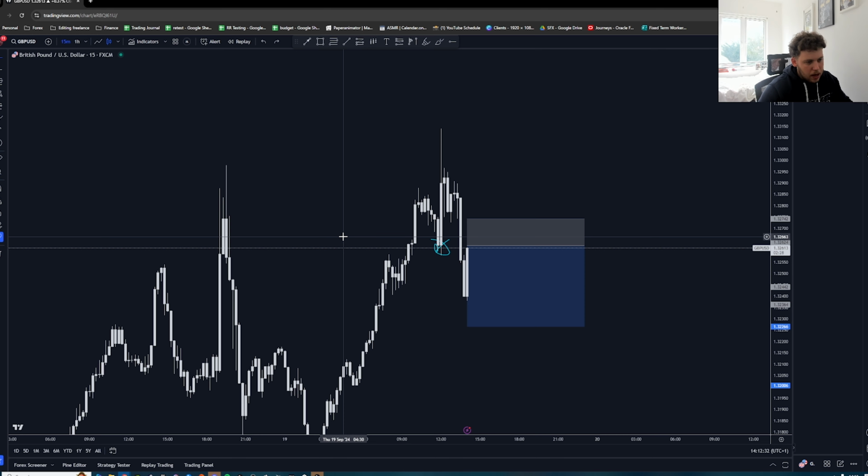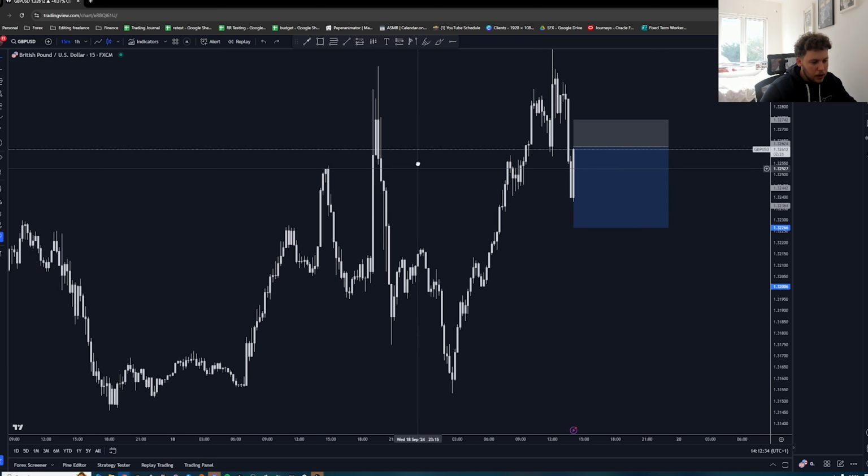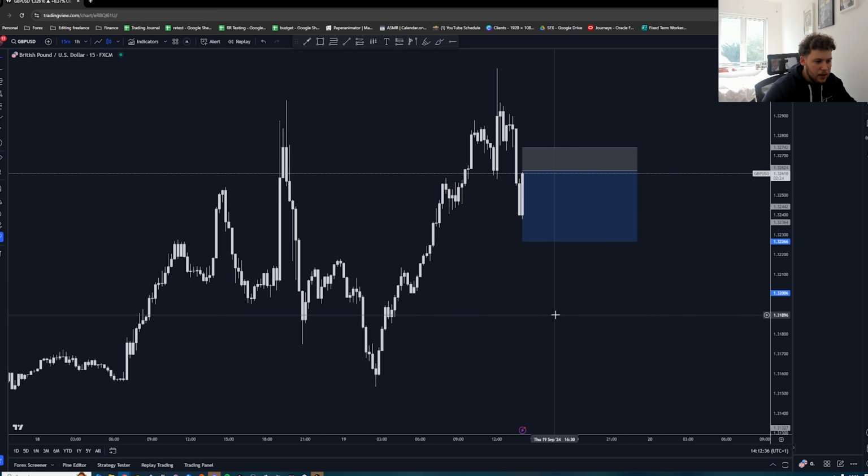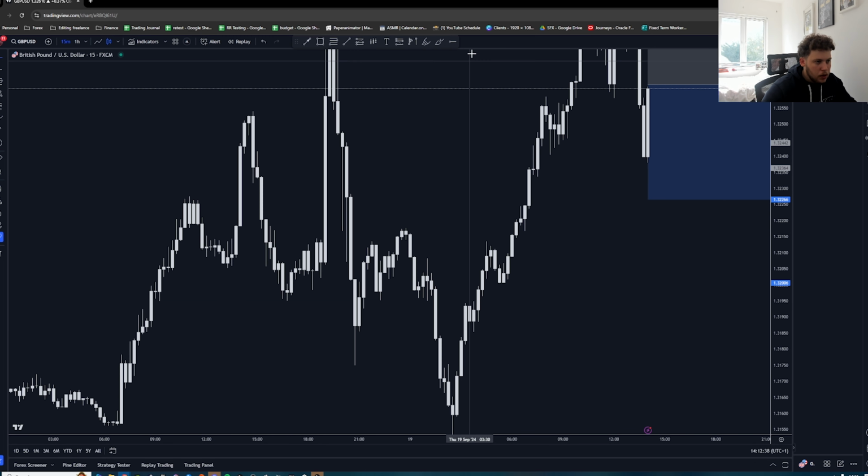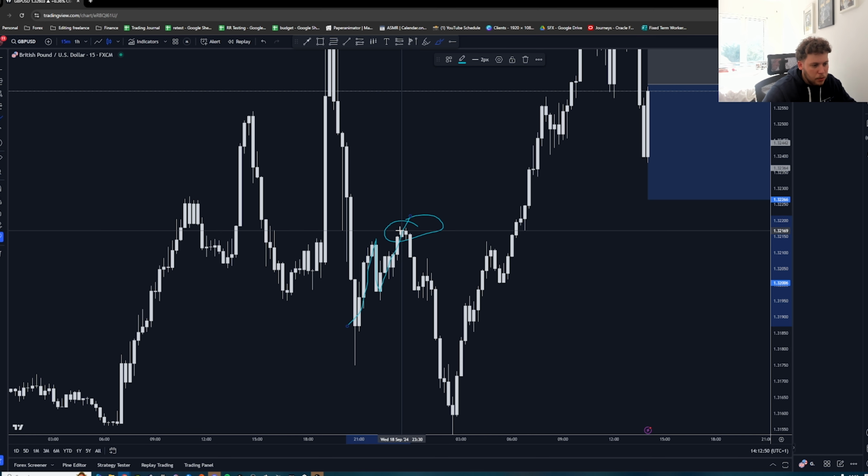And I want you to bear this in mind, because a lot of people will get caught up in random things like this. For example, people will look at this and say this is an important high, because it's obviously pushed up, come down, pushed up. But it isn't an important high. Why is it not an important high?